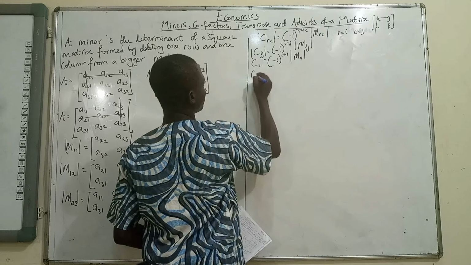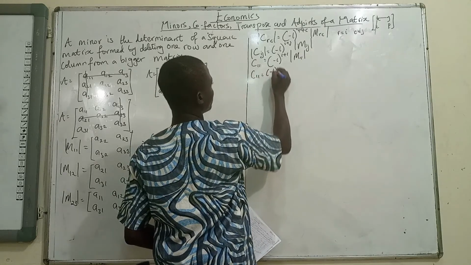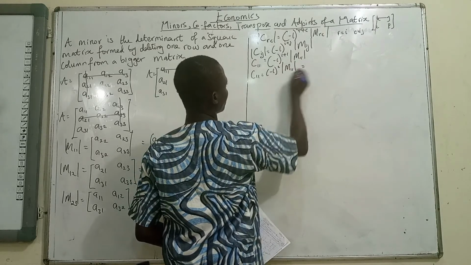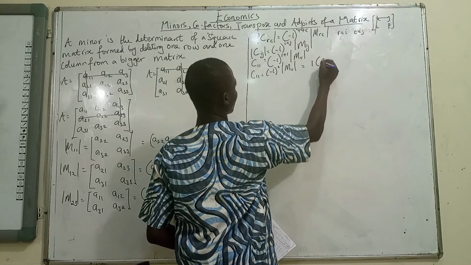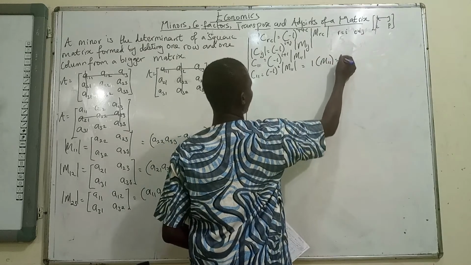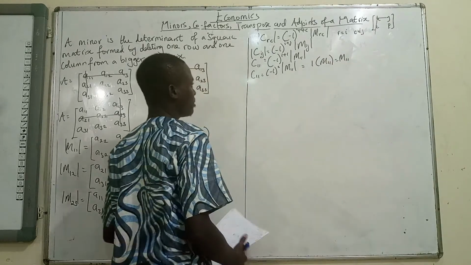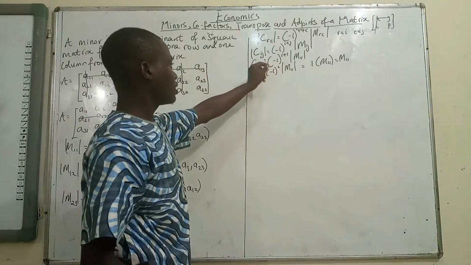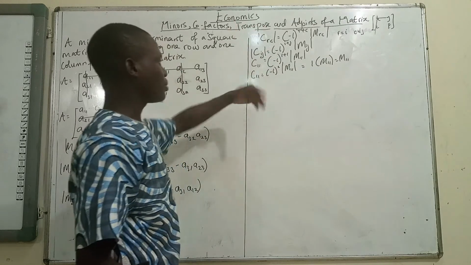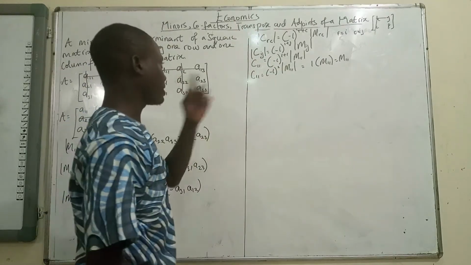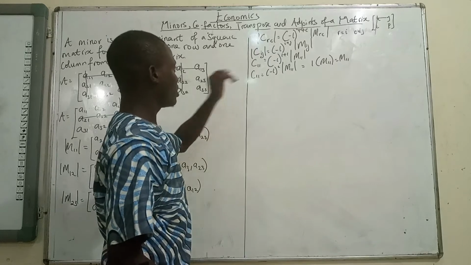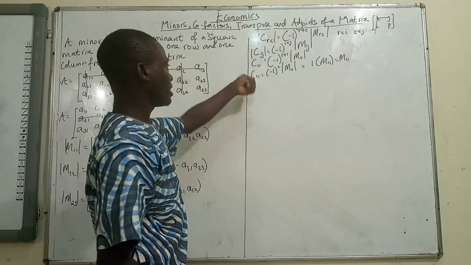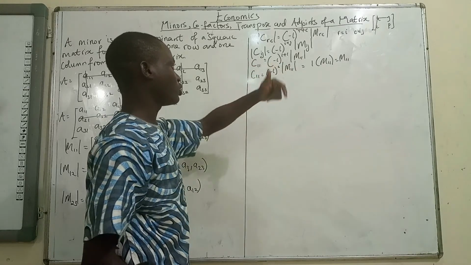This simply means C11 equals minus 1 squared, which is 1, into M11, which is M11. Now if this were 2 plus 2, that would be minus 1 raised to power 4, which is still 1, and that makes C22, the cofactor, equal to M22, and on and on.